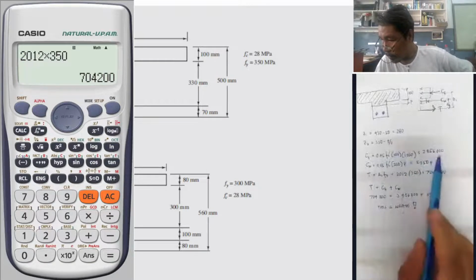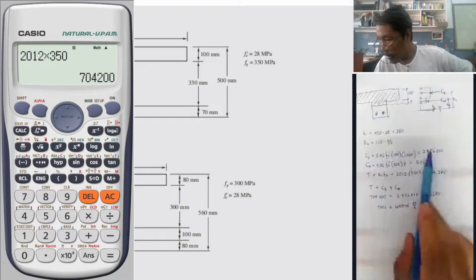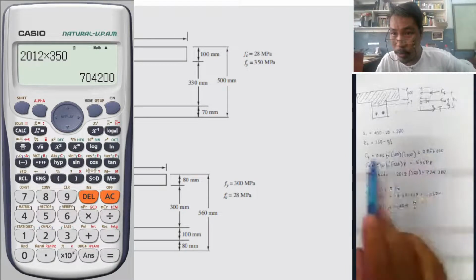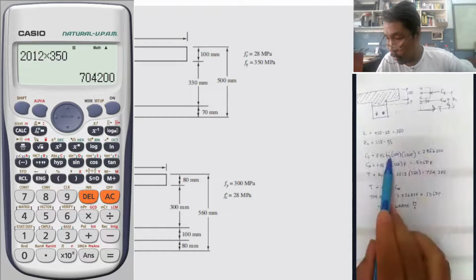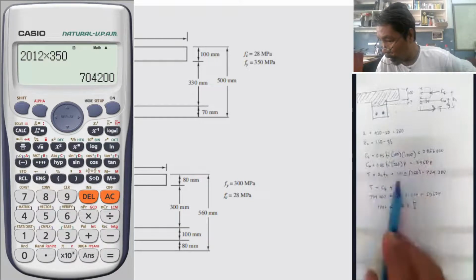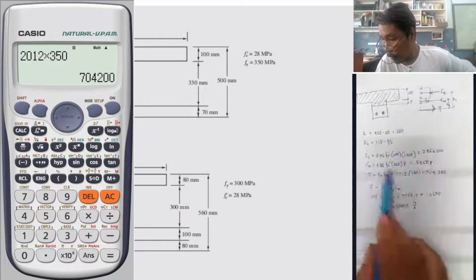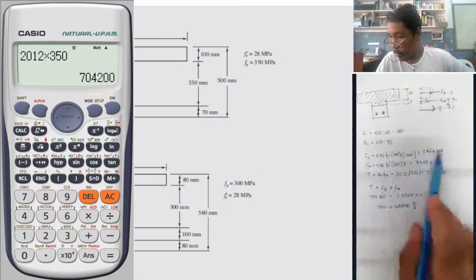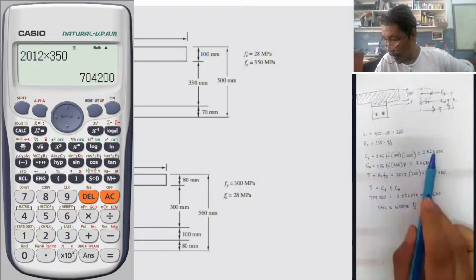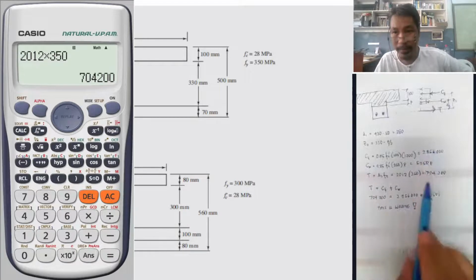Meaning, we must have the value of compressive force in the flange alone. We do not have the value of compressive force on the web. So this is wrong. This must be less than 700.